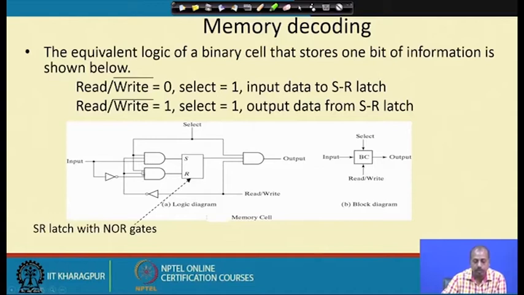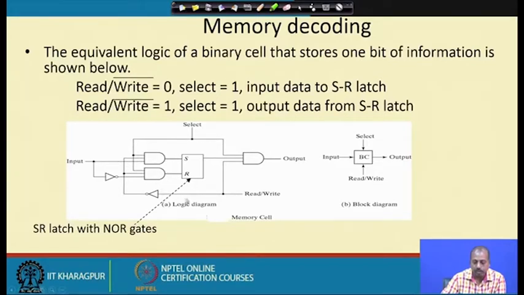If you look into this diagram, when read write bar is equal to 0, this AND gate has select equal to 1, and the input value is whatever be the input coming here.